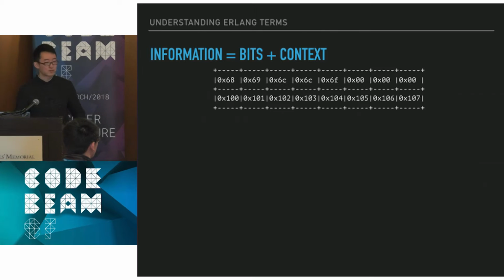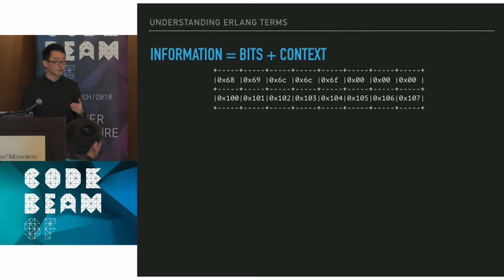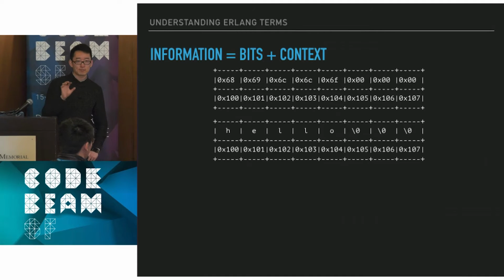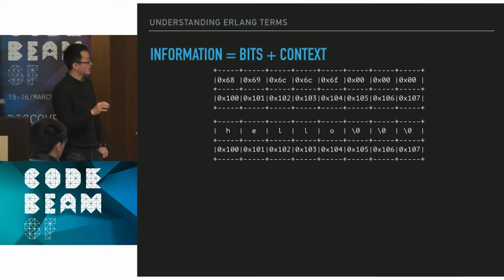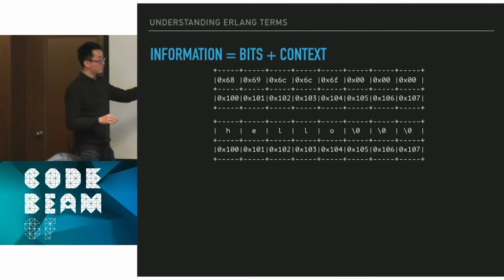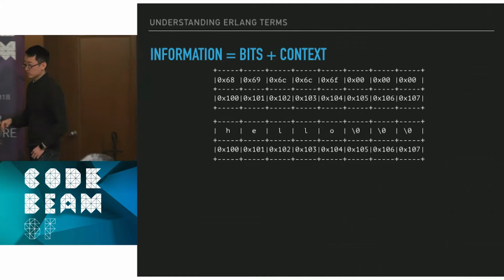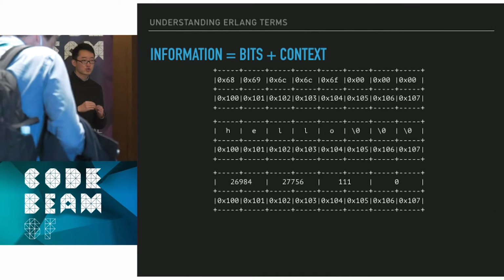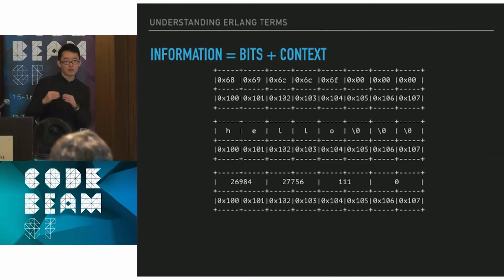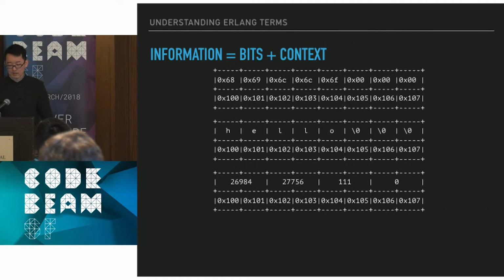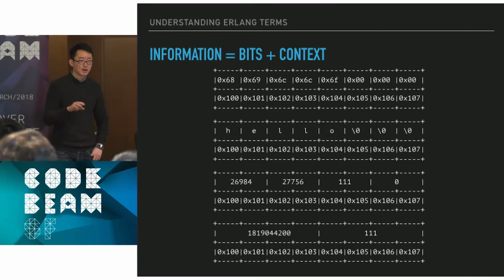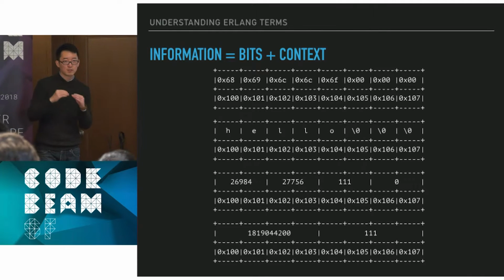For statically typed languages, if it's a 1-byte char type in C, the compiler will know to read each byte as 1 byte. So this is just hello. If it's 2 bytes for the short type, it's going to be a different value, and for integers, if the compiler says 4 bytes means 1 integer, it will become an integer.